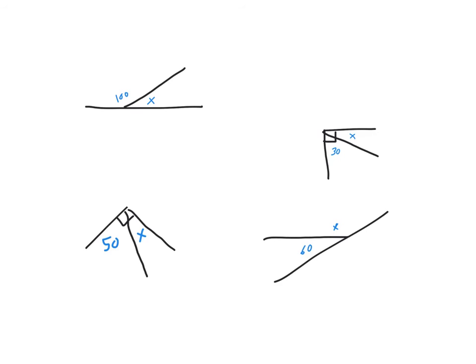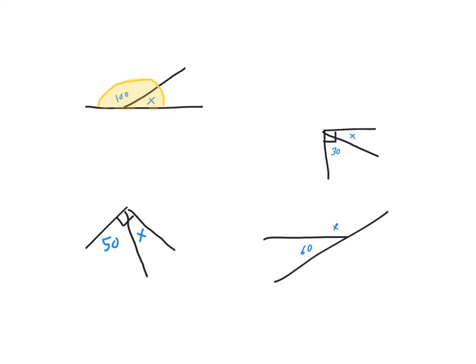Let's look at the first one. We have 2 angles. We have this angle right here and this angle right here. And I could shade that in. So would those 2 angles be complementary or supplementary?